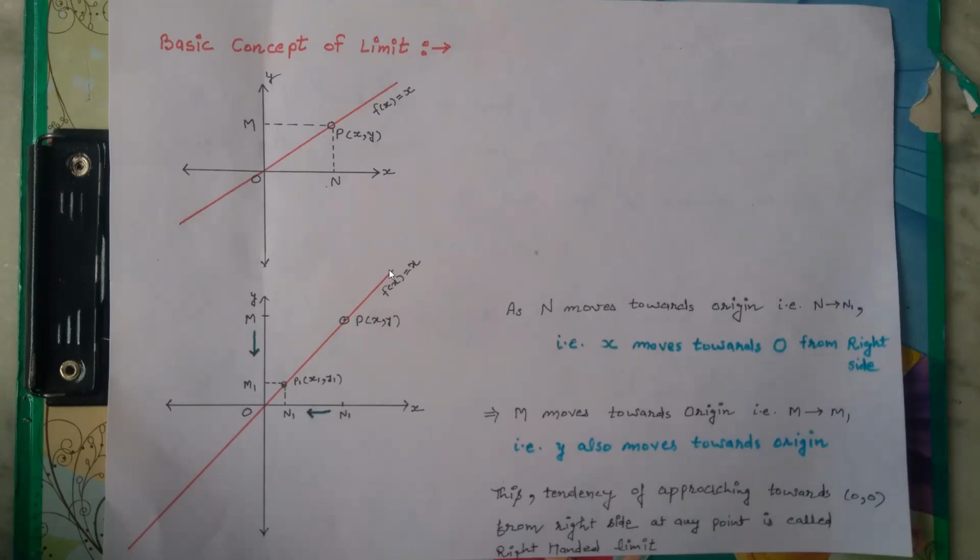So tending from the right side is called the right-hand limit. If x approaches the origin from the left, this tendency is called the left-hand limit.